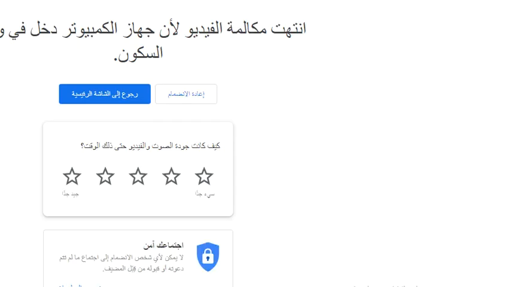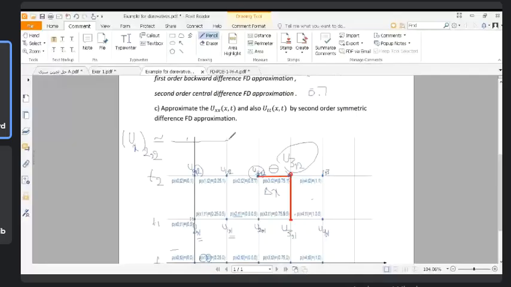The index of X should be increased forward. And we use U at 3 and 2. The index of T is constant.